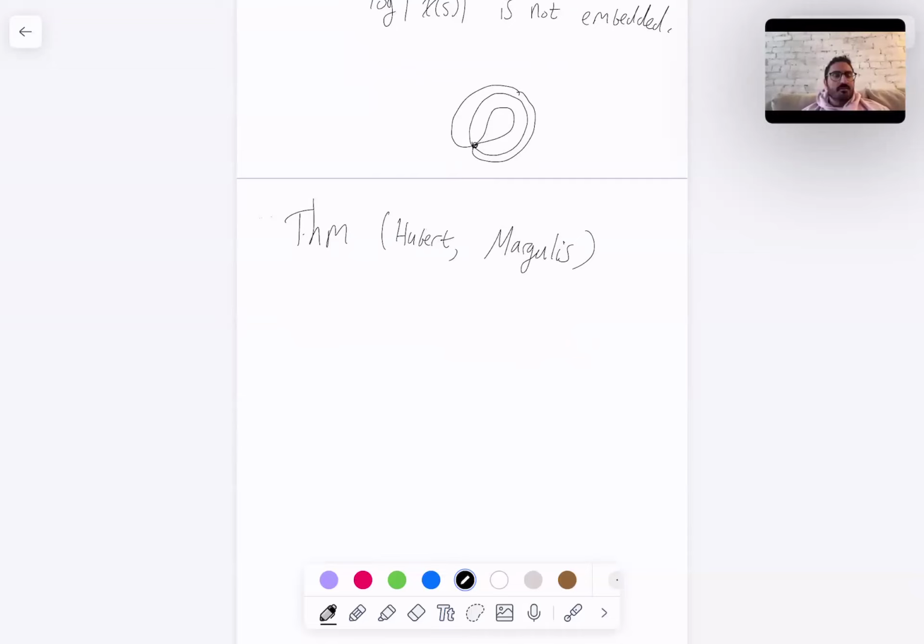You can define the entropy of one of these surfaces, and in fact any metric space, in the exact same way that we defined it for metric graphs.